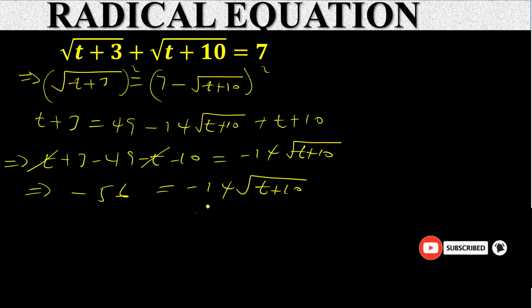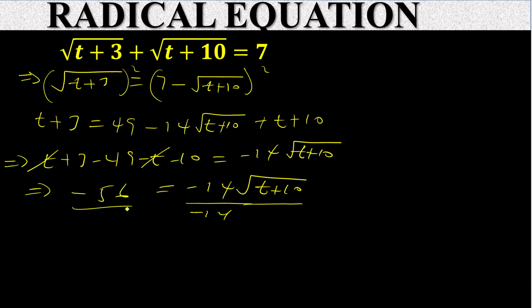So minus 14, I can divide both sides by minus 14. So this one will cancel, this one will cancel. So I'll be left with the root of t plus 10, and this one is 4.